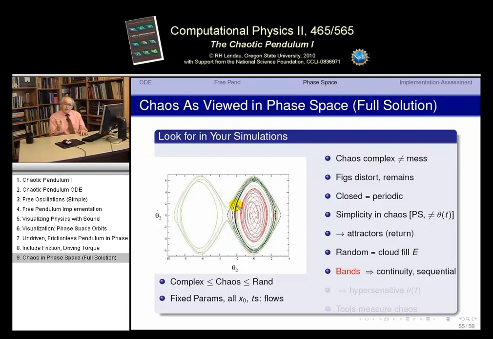If you think of the fact that each ellipse represents one simple harmonic motion, we have a system, and this is the description of chaos, in which it's really a bunch of harmonic motions occurring, but rather than all occurring simultaneously, they're occurring sequentially. So the system's starting in one place, it moves over, it's going to another frequency, it may jump around here even to the other side, but then it comes back. So these bands are an indication of chaos.